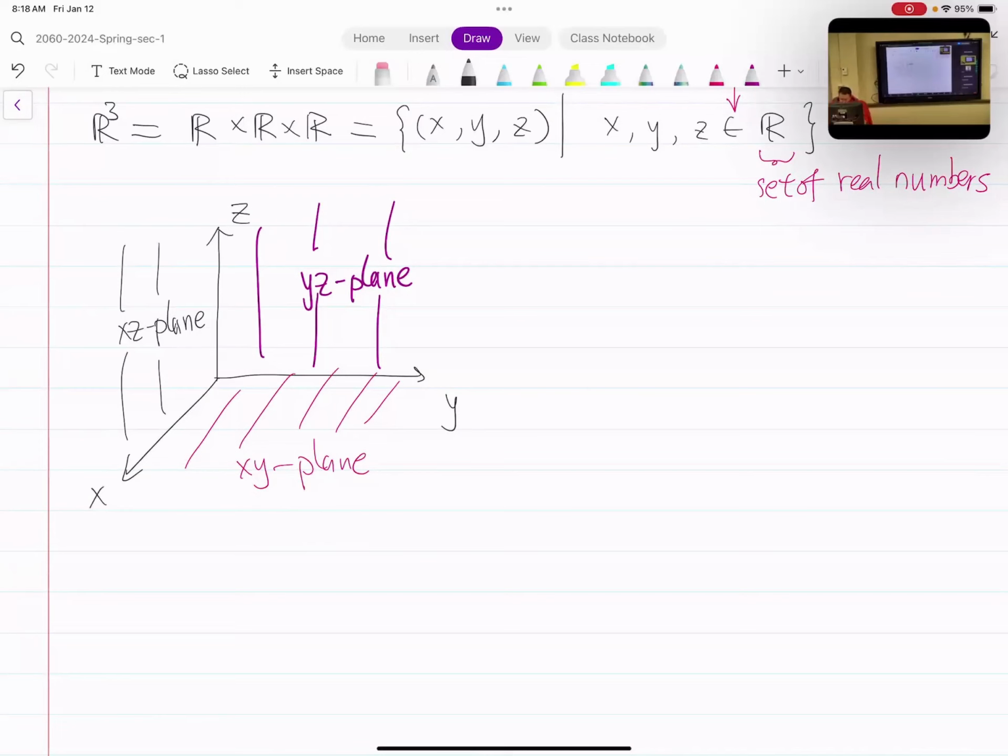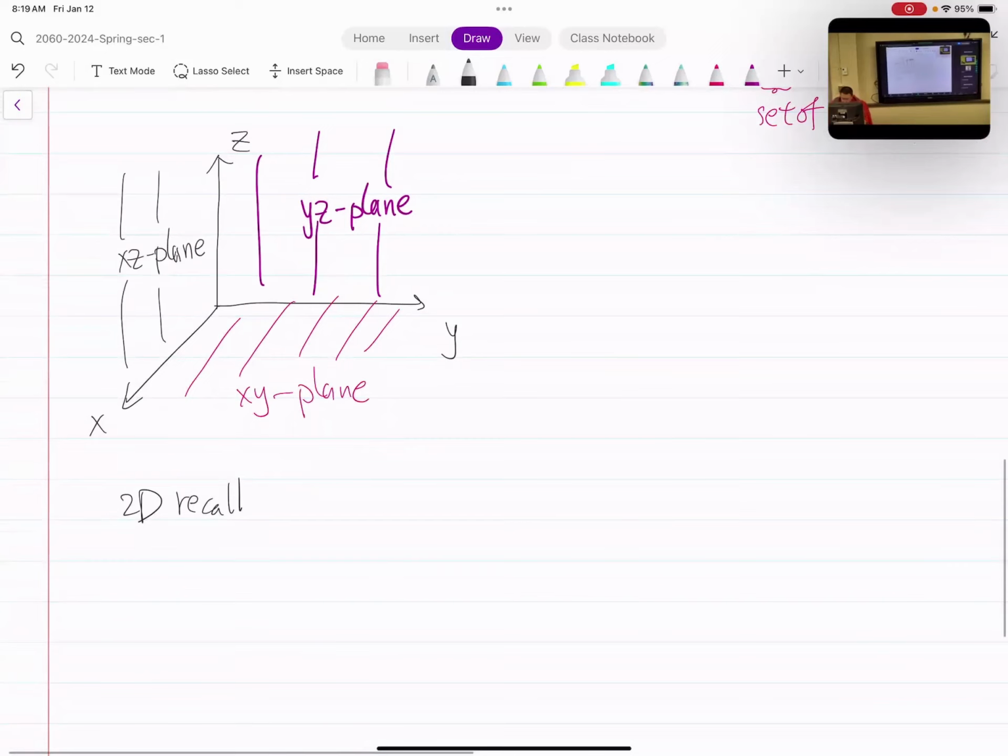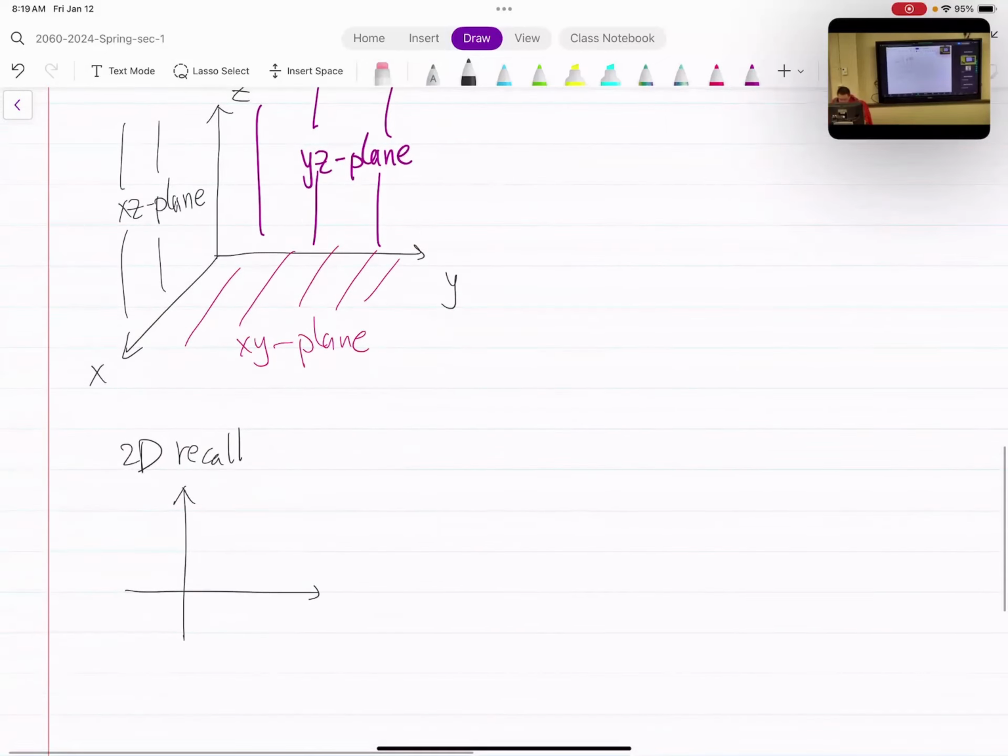So now, for some other descriptions, let's say for 2D, recall that there's a term called the first quadrant. So that's exactly this region right here, which is the region that's above the x-axis and on the right of the y-axis.